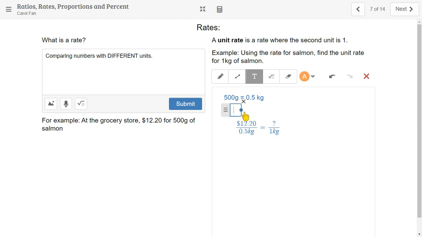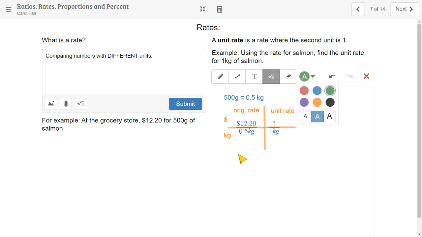The first one, we have our original rate. The second one, we have the unit rate. So that's separating my two halves. Now for the top and the bottom, I have the money amount up top, and the bottom, we have the weight in kilograms. So I've set this up like a ratio, and I can solve it just like a ratio.